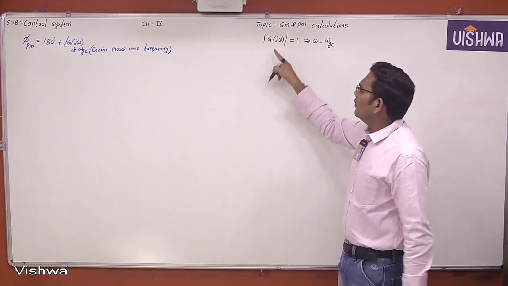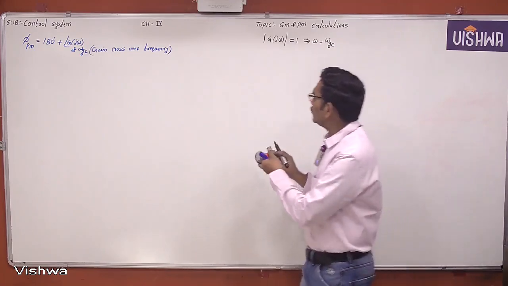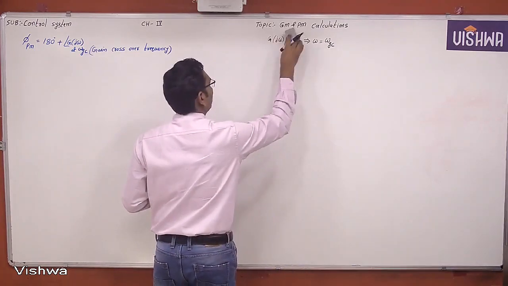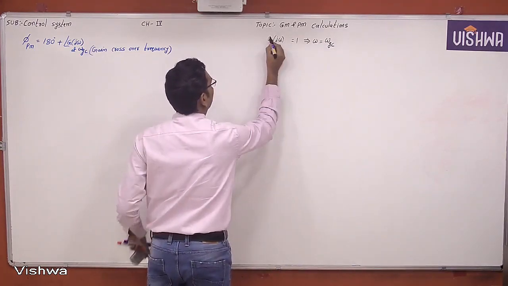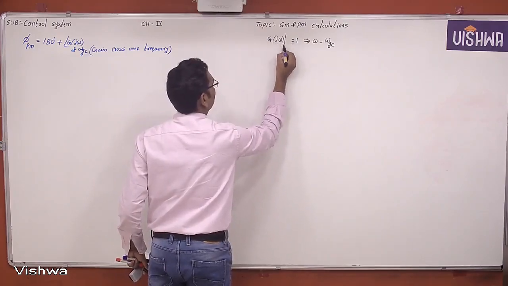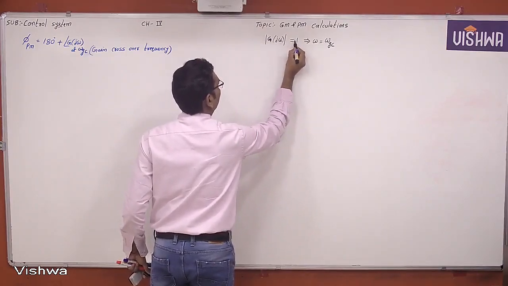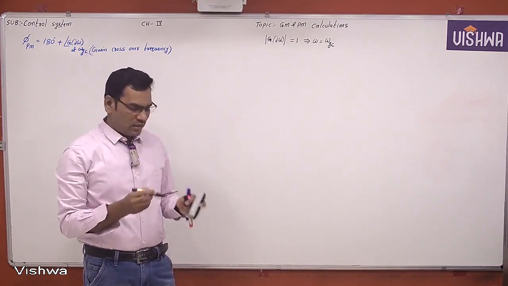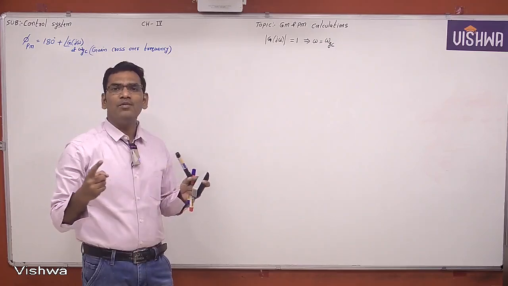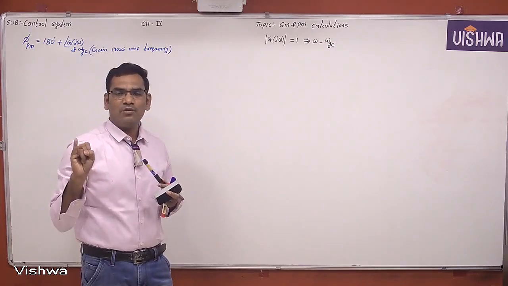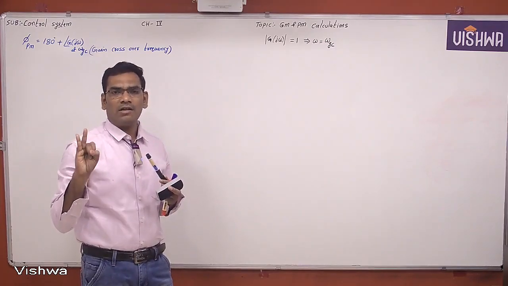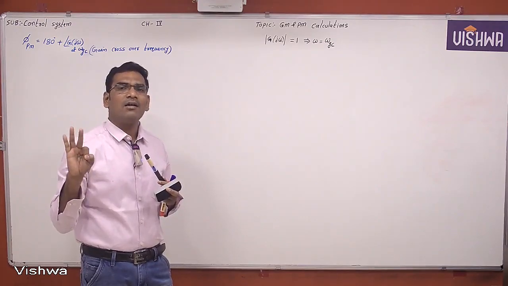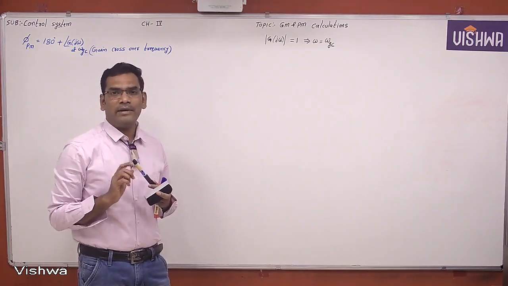And you know that when the open loop transfer function magnitude is equal to 1, it satisfies the magnitude condition. You know the link between the open loop and closed loop control system, whether you should follow the angle condition, the magnitude condition, or a point condition.